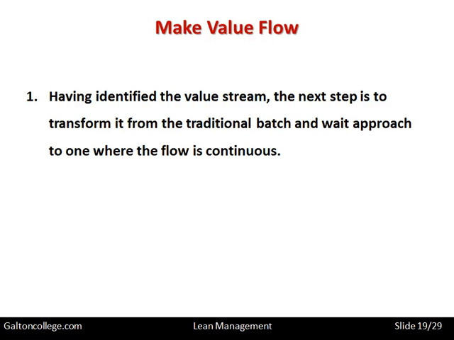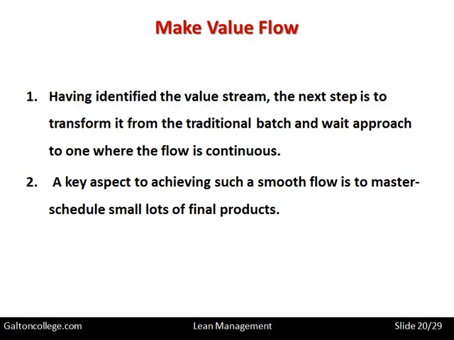It's not being produced in the hope of selling. It's not being batched up. Orders, work just going through, and at the end going into the stores and waiting, and people sitting around with their fingers crossed hoping they're going to make the sales. This is a more continuous approach. A key aspect to achieving such a smooth flow is to master schedule small lots of final products.